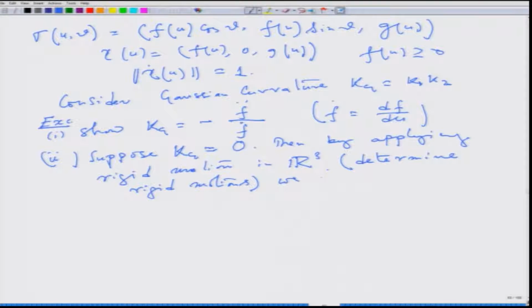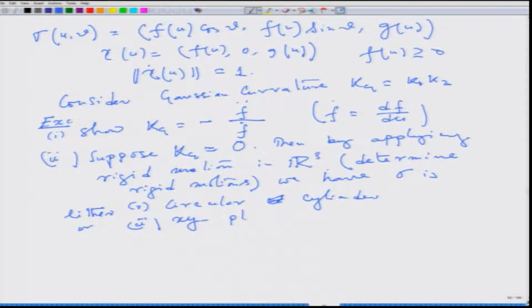We have sigma is either a circular cylinder, or the xy plane, or part of a cone.